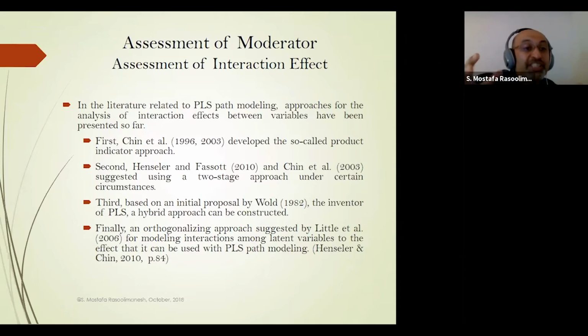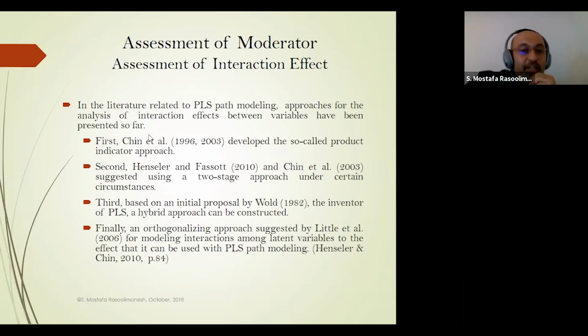There are different methods to create an interaction effect. Here we have 4 methods: the product indicator approach, the two-stage approach, the hybrid approach, and the orthogonalizing approach. I won't go through these different methods in detail, as it would make things confusing and difficult.